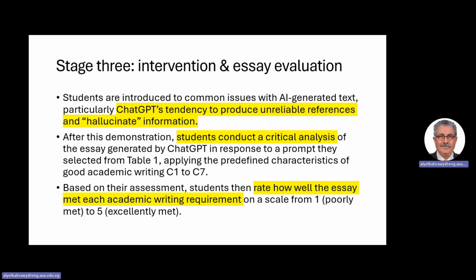After this demonstration, students conduct a critical analysis of the essays generated in response to a prompt that they selected, against the predefined characteristics C1 to C7. Based on their assessment, students then rate how well the essay met each academic writing requirement on a scale from 1 to 5, poorly met to excellently met.